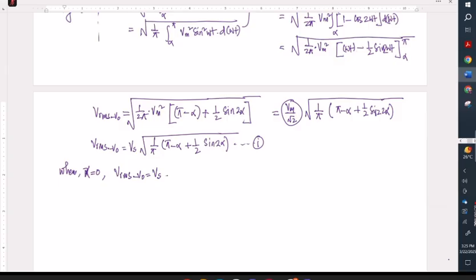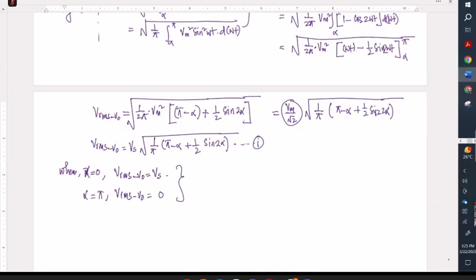And if you put alpha equals to pi, that is, you are delaying the firing angle by 180 degrees, then what will happen? This term will be 0, and sine 2 pi is also 0. So in that case, your output V RMS should be equal to 0.